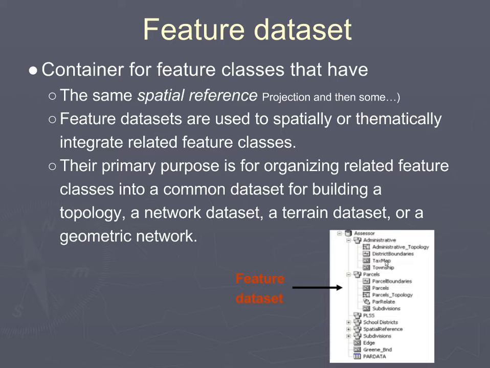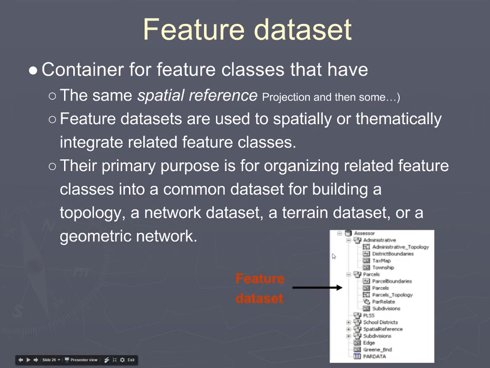So the primary purpose of feature datasets was to organize related feature classes for building topologies, network datasets, terrain datasets, or geometric networks. That primary purpose is the spatially integrated thing. A secondary purpose, and often more used, is thematically organizing your data in a database using feature datasets.